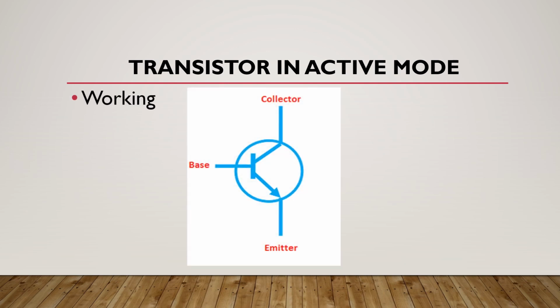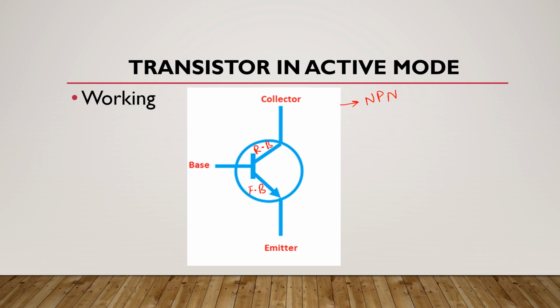We know that this is an NPN transistor, where this emitter base junction is forward biased and this collector base junction is reverse biased in active mode.